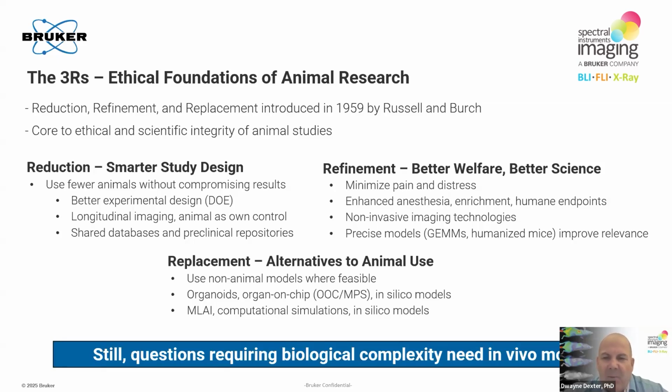With all that said, I think we can't ignore two things. Biological complexity, by definition, is very complex, and there will be questions that will still require the use of complex living systems to address these questions.